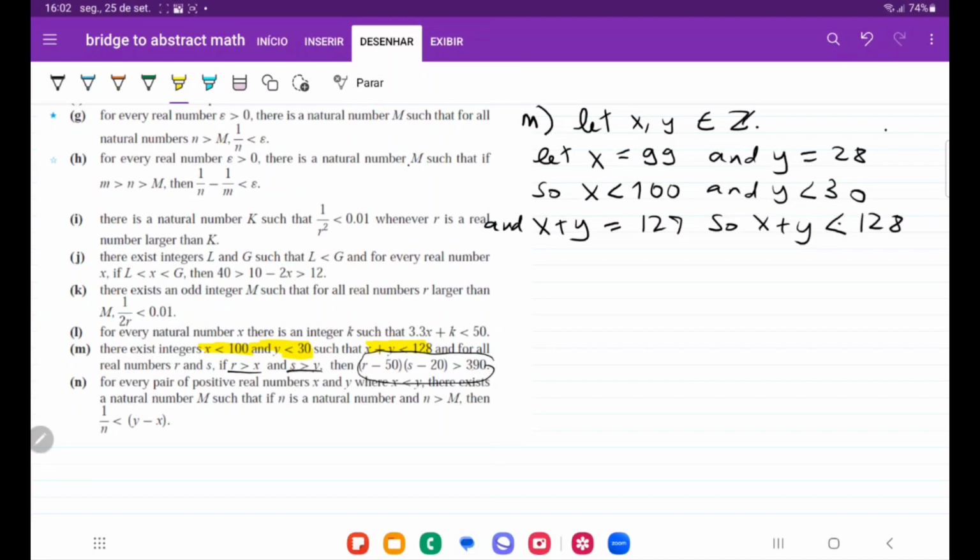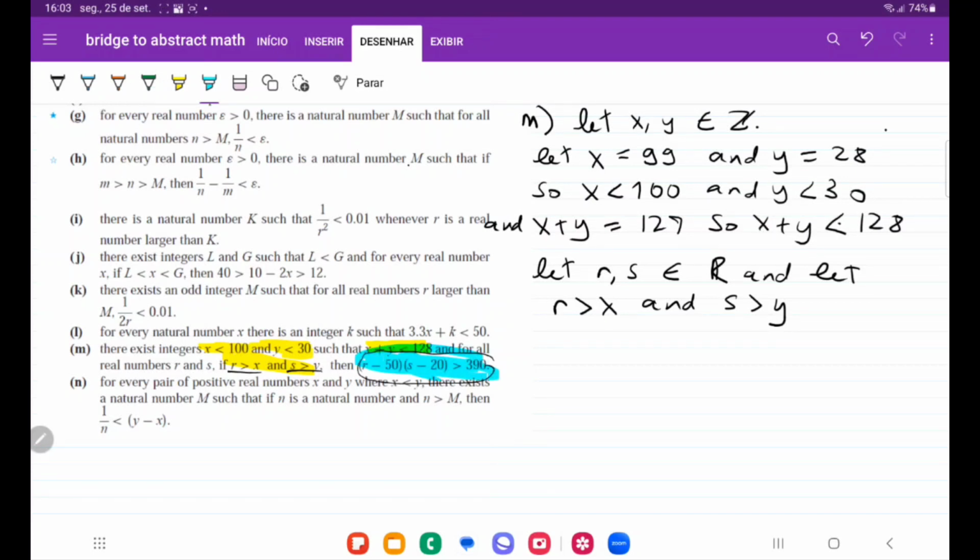And now we want to show that for all real numbers r, s, so we're going to say let r, s belong to the set of real numbers, and let r be greater than x, and s greater than y. And we want to show that then this is the conclusion, right, that this happens.